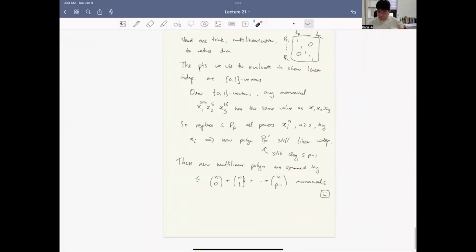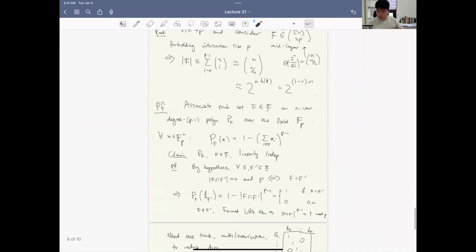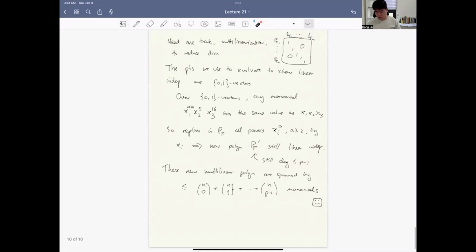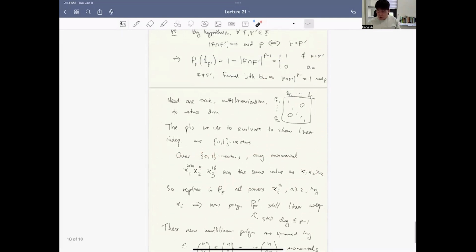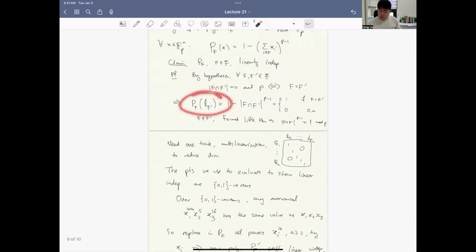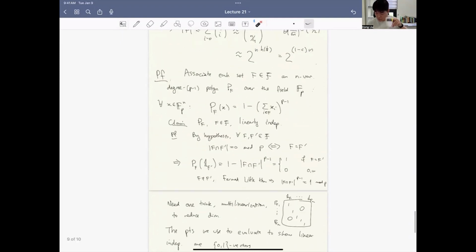So sometimes the first choice doesn't really quite work out. You can still use some tricks. I will show some additional tricks, like multilinearization, making a multilinear polynomial if the evaluation points we use to prove independence are 0, 1 vectors. We can do that, and oftentimes that's the point over which we evaluate.